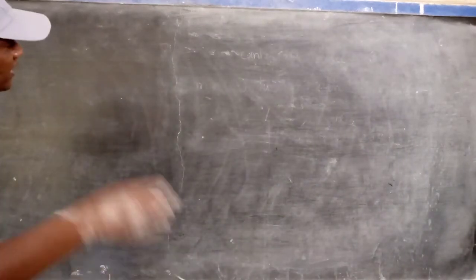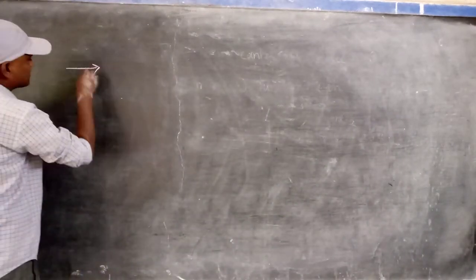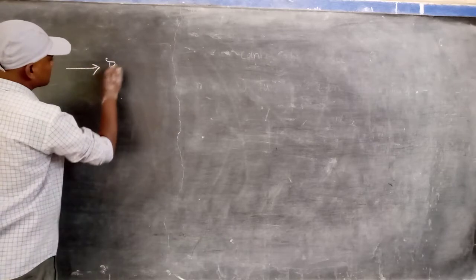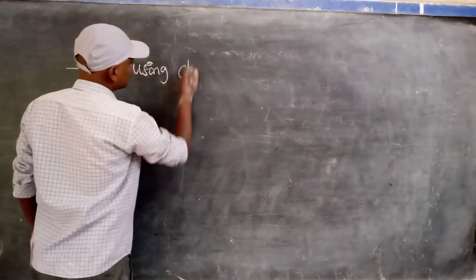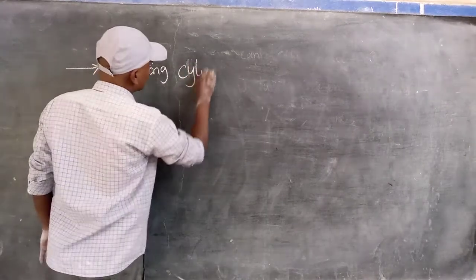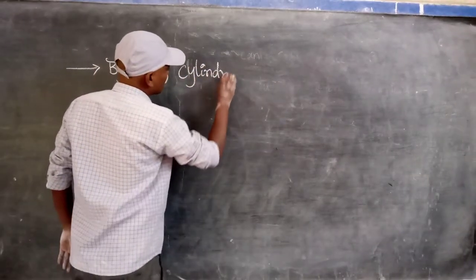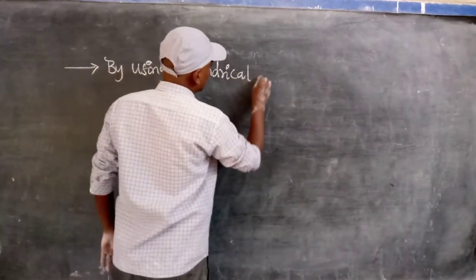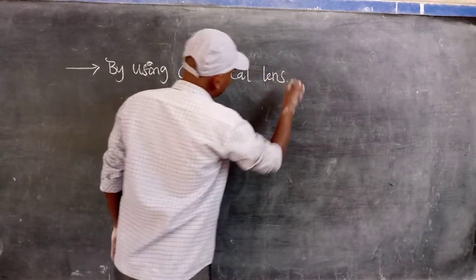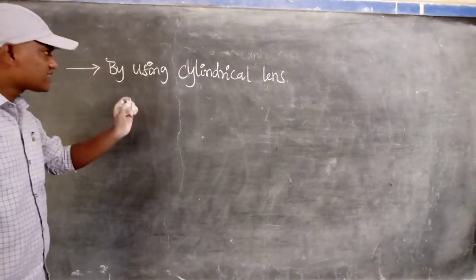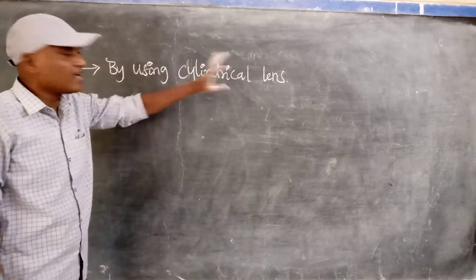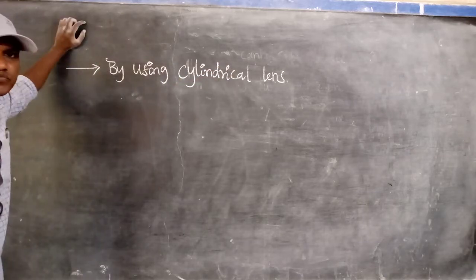But how can we correct astigmatism? By using a cylindrical lens. The astigmatism eye defect is corrected by using a cylindrical lens. Listen very carefully.